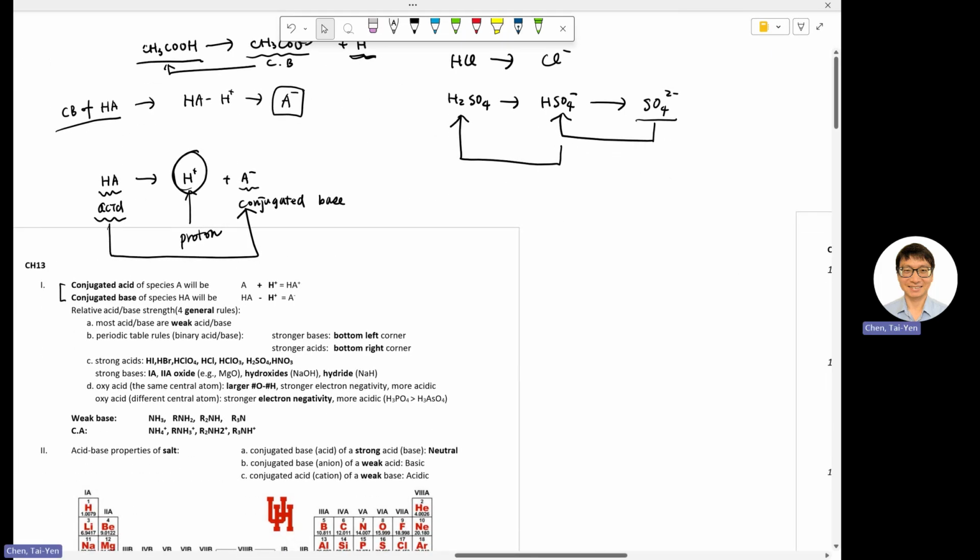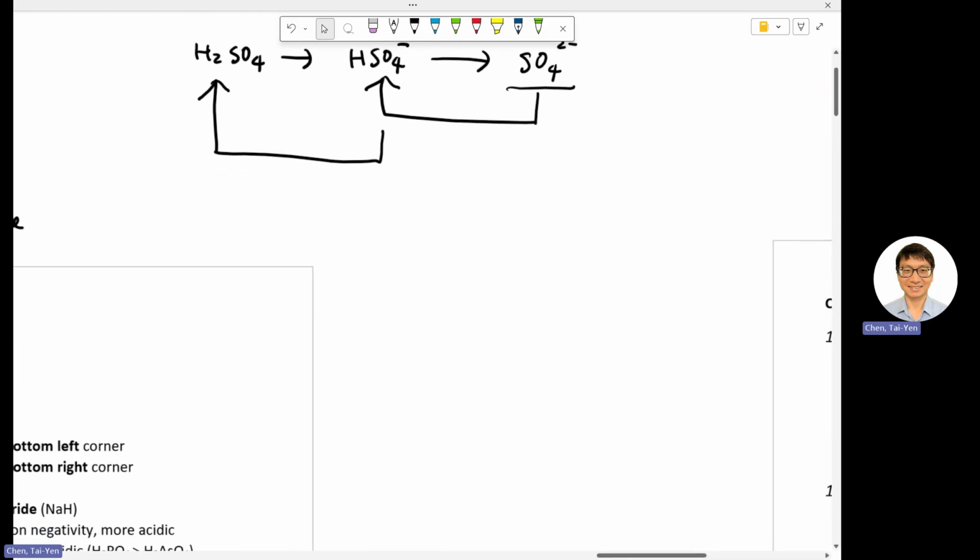So that is how you figure out the conjugate base. How about a conjugate acid? It's kind of like flipping the coin. You start from a base, then you figure out what the conjugate acid is. Typically what you're given is something like this. What is the conjugate acid of this species?